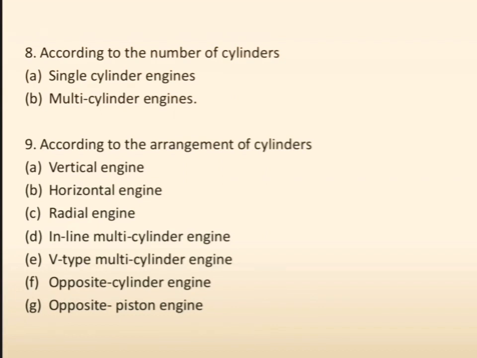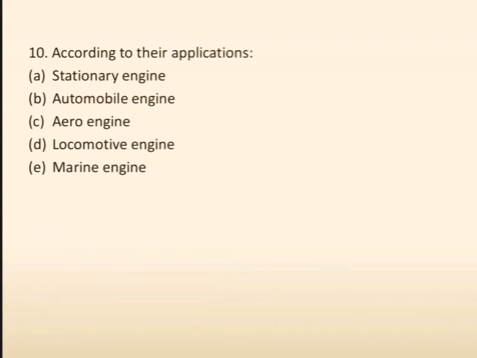In multi-cylinder engines, when the power requirement is higher, the number of cylinders will be higher, and when the cylinders are arranged in a V shape, they are known as V shape cylinder engines. In opposite cylinder engines, cylinders are placed on opposite sides from one another. Okay, and in opposite piston cylinder engines, pistons will be on the opposite side.